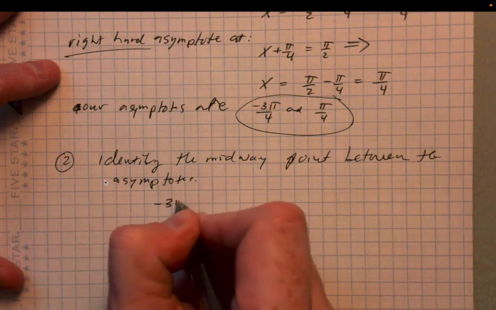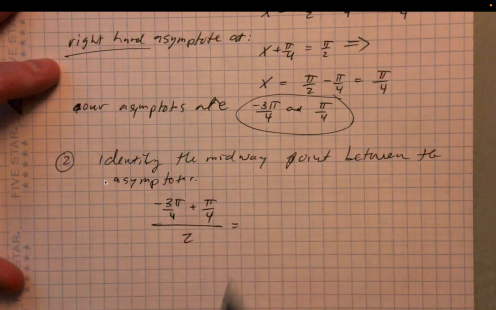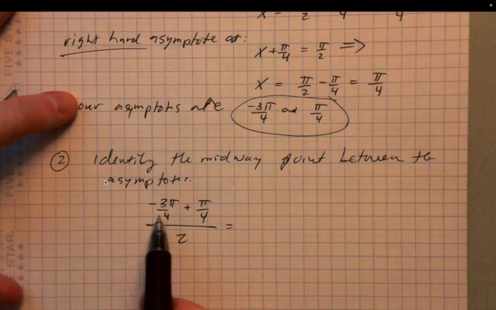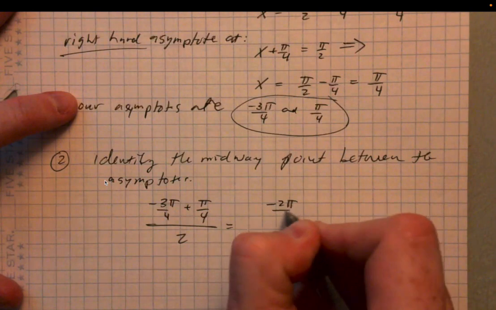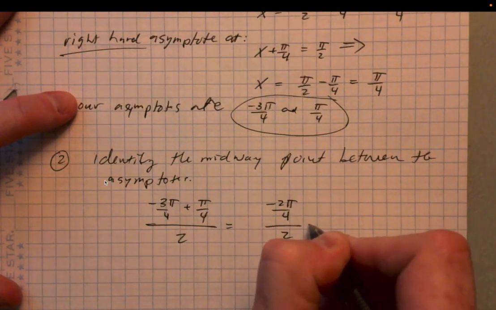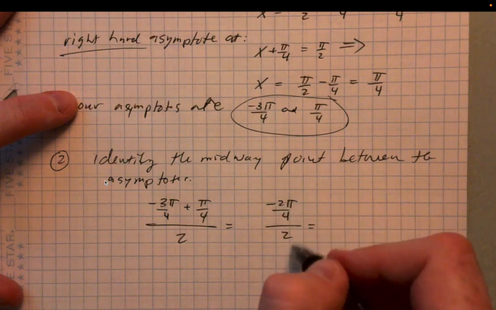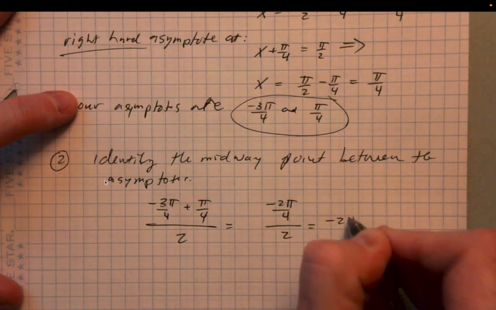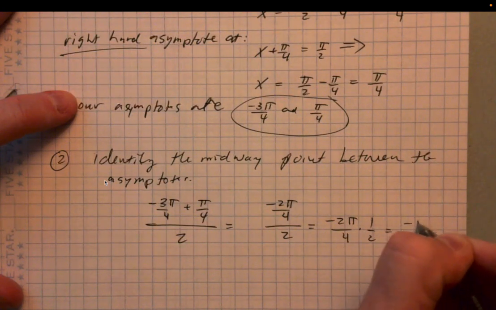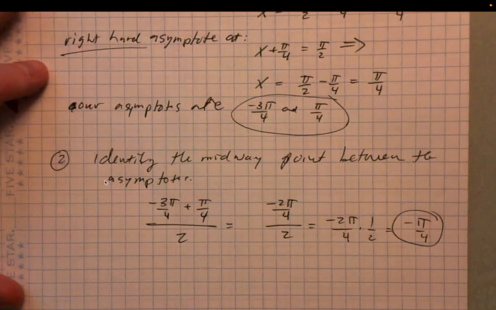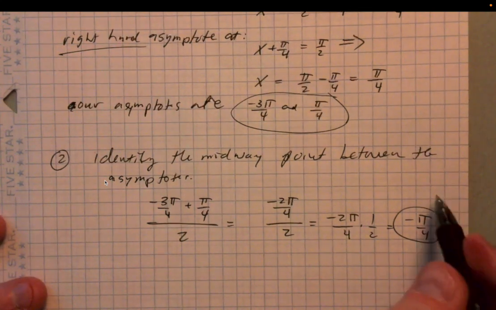So negative 3 pi over 4 plus pi over 4 all divided by 2. And so you get negative 2 pi over 4 over 2. And so what you end up with is negative, well, you can think of it like this, negative 2 pi over 4 times 1/2. And so this is negative pi over 4. So that's your midway point. And this is going to be where the x-intercept occurs.